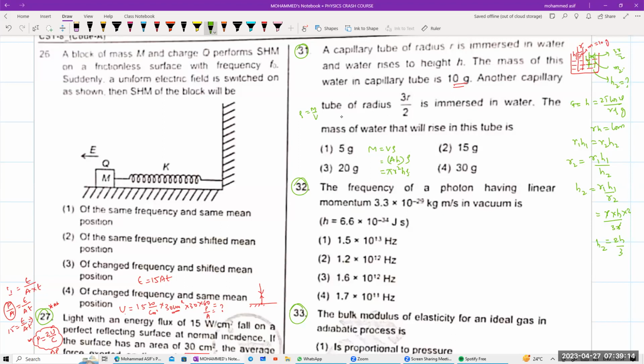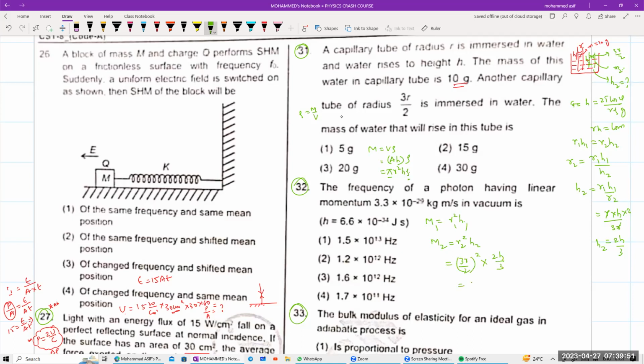Now what is the relation I can write from this? Same liquid, so pi and density will be the same. So mass is directly proportional to r square into h. This is m1, and m2 is r2 square into h2. r2 is 3r divided by 2 whole square, multiplied by h2, which is 2h divided by 3.